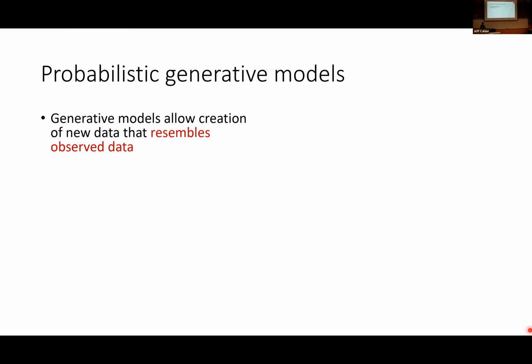Now, this is one of the reasons why we need to have tools to help us analyze these networks. And one tool that I think is very important here is probabilistic generative models. A generative model is a model that allows creation of new data that resembles observed data.